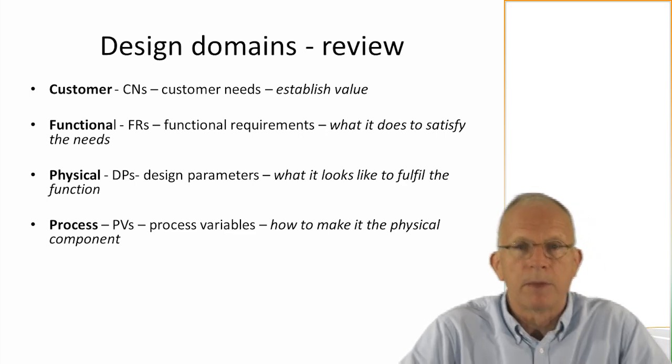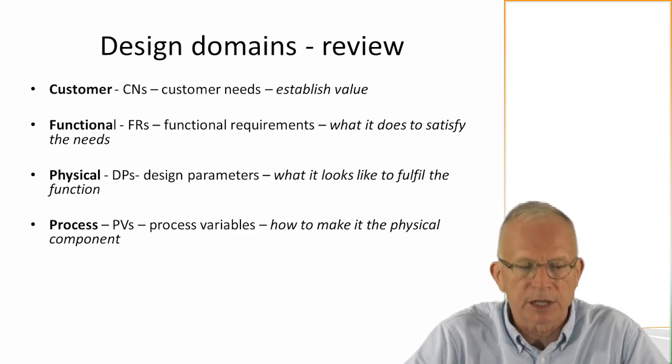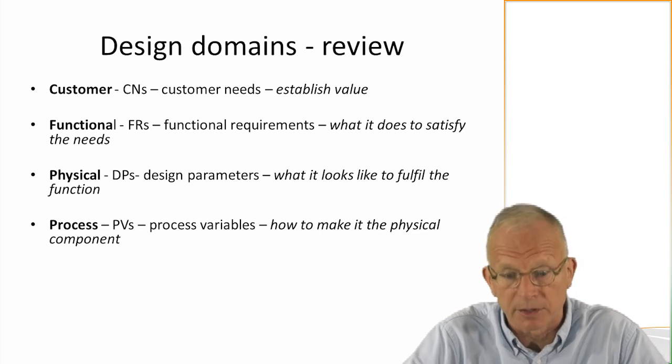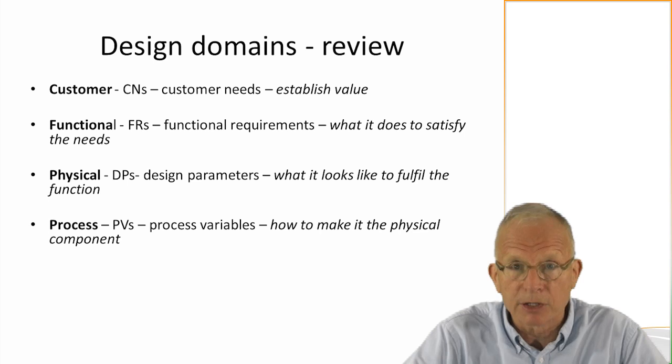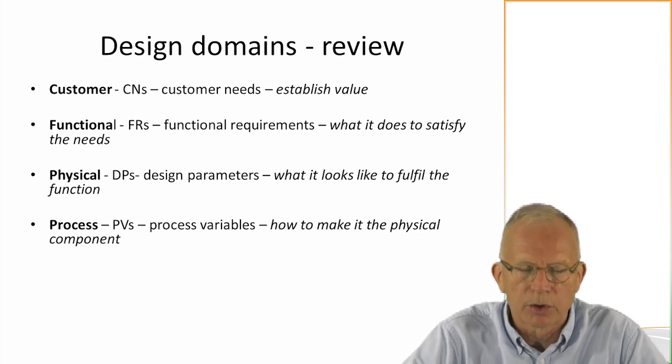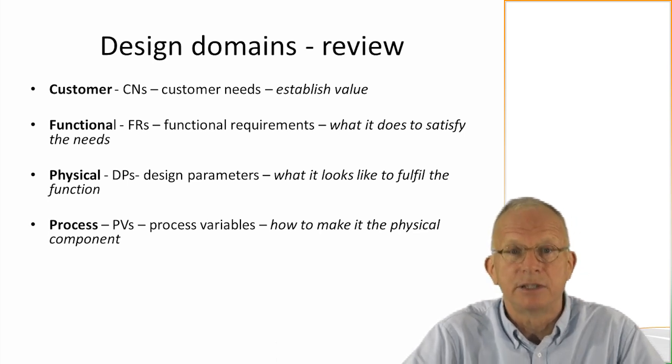We've defined 4 domains, starting with the customer needs, or the customer domain, and the elements of those are the customer needs. This is where value is established. Then there's the functional domain. The elements are called functional requirements, or FRs, and this says what functions need to be accomplished in order to satisfy the needs. This is what the design needs to do.